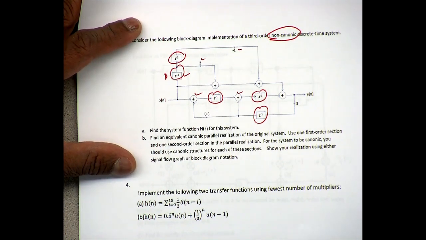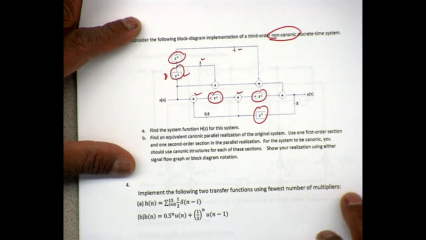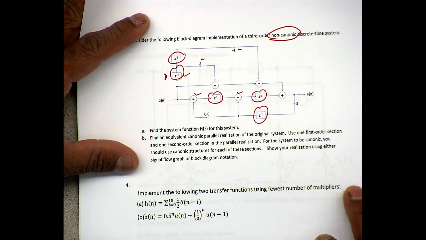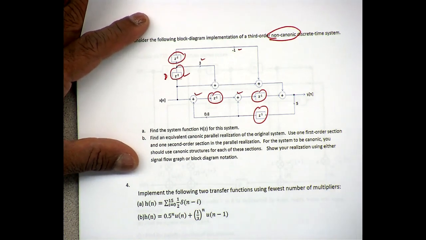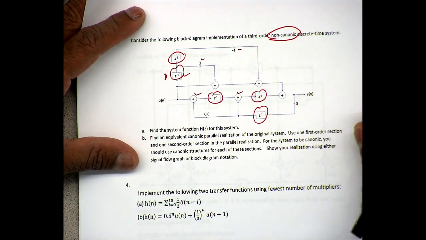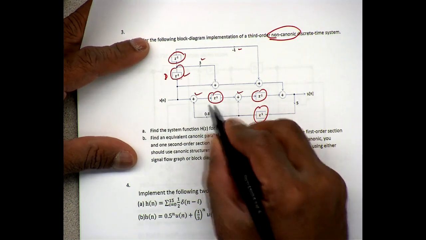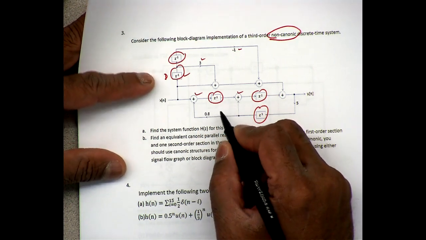So the first part says compute the transfer function H of z. How do you really compute it? A more formal way, okay, there is a long way and there is a short way. The long way is to give a name to each state variable.